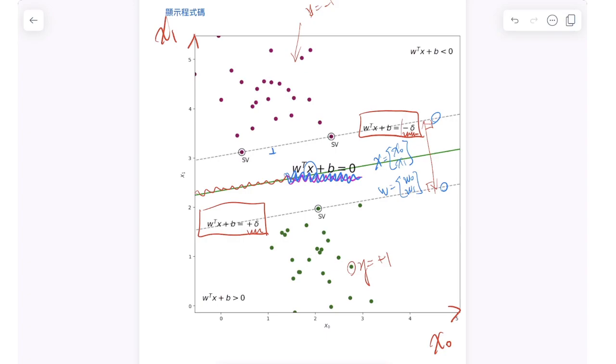One side is minus delta, the other side, the intercept, is plus delta. In this case we can divide this 2-dimension space into two different parts. One part is where the value is larger than 0, and the other part is where the value is less than 0. So that is how we use some notation to formulate this space.